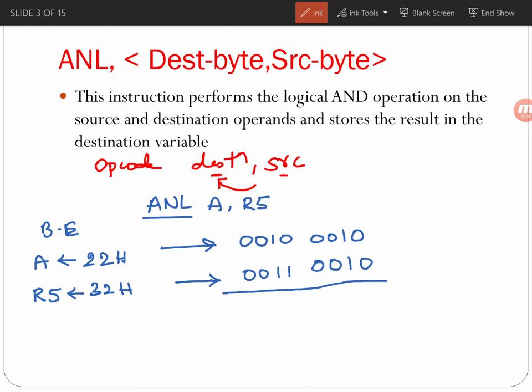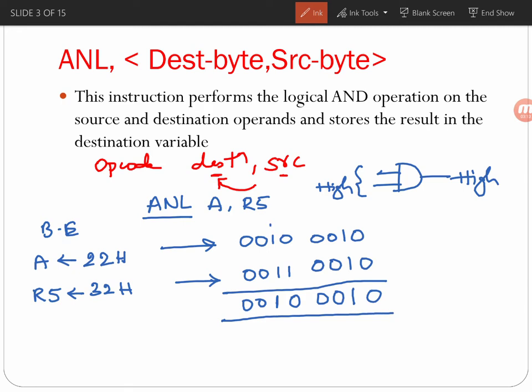We know that for an AND gate, when both the inputs are high, the output is high, otherwise the output is 0. So 0 and 0 is 0; when both inputs are 1, the output is 1; when two inputs are different, the output is 0.